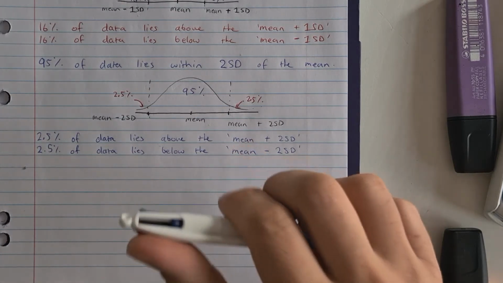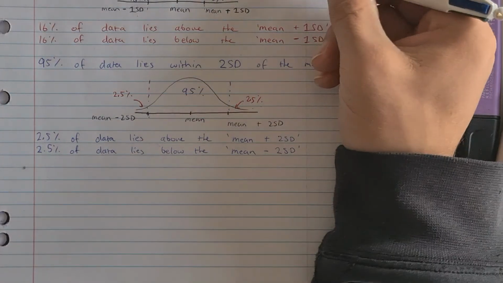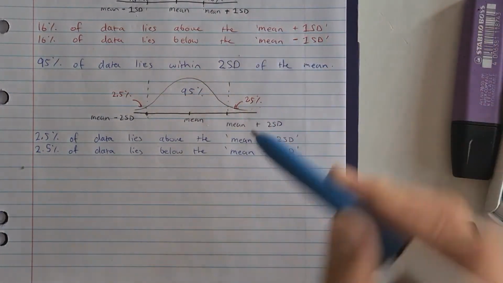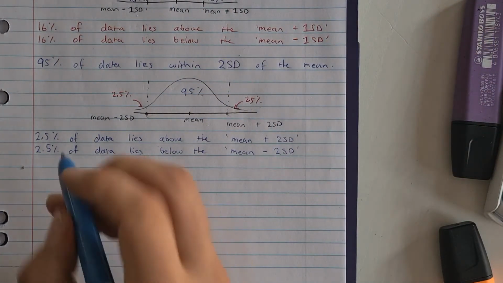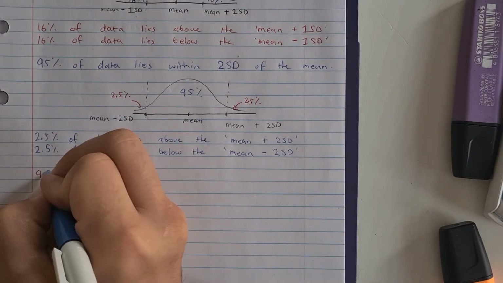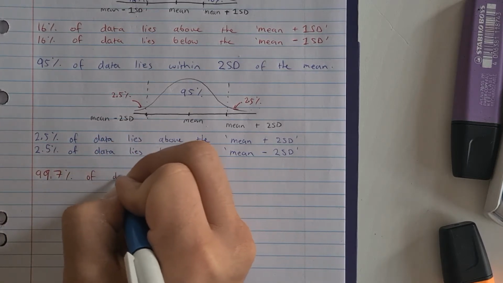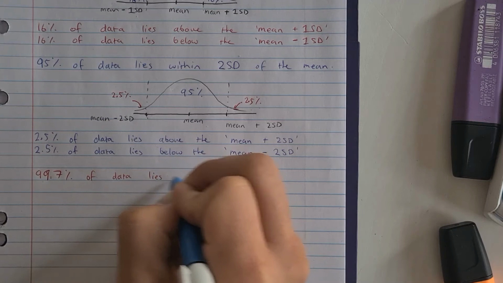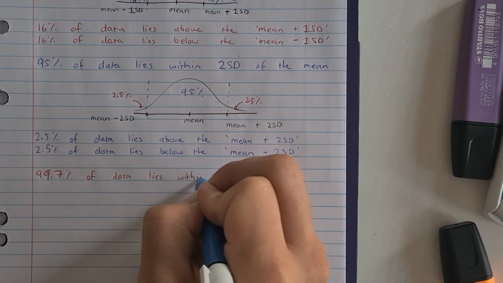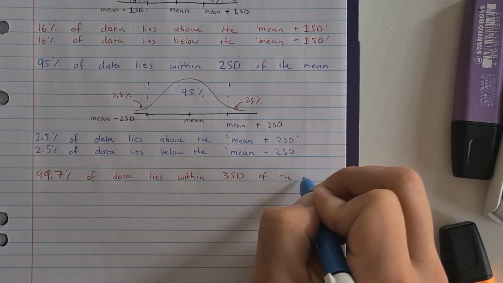Finally, we get to the 99.7. Now, because we've gone from 1 standard deviation to 2, I'm sure you can guess that the next one will be 3 standard deviations. So we've got 99.7% of data lies within 3 standard deviations of the mean.